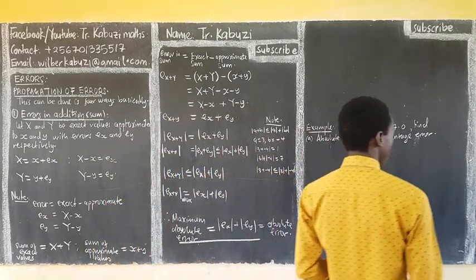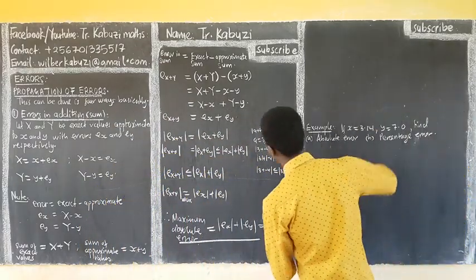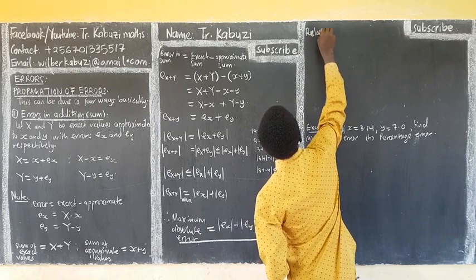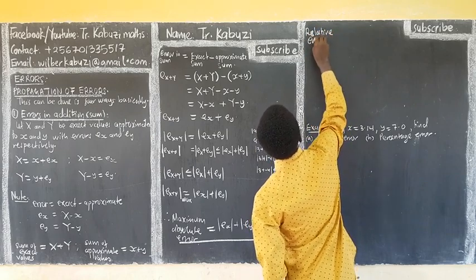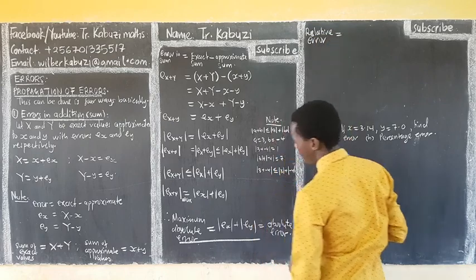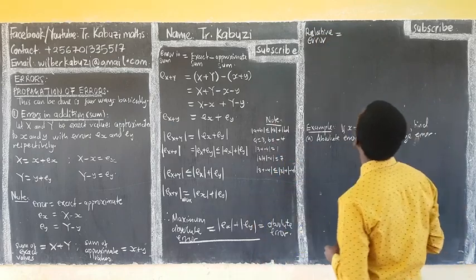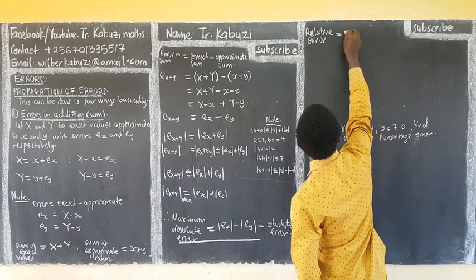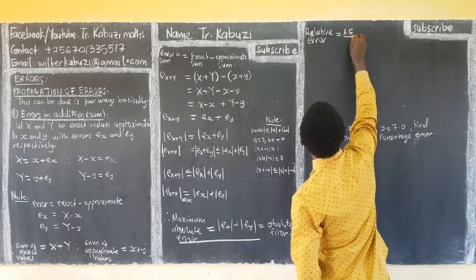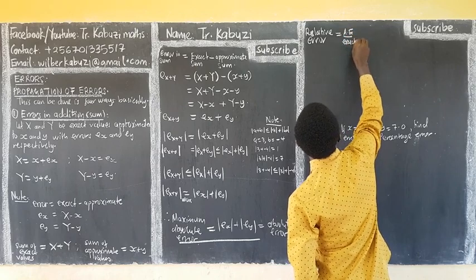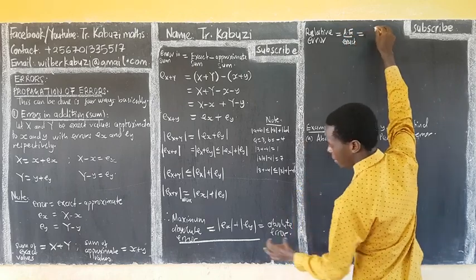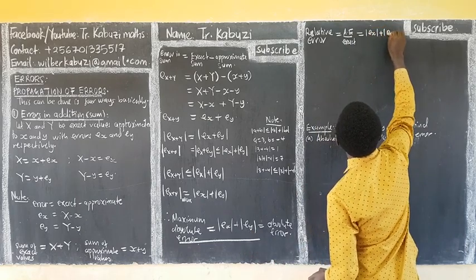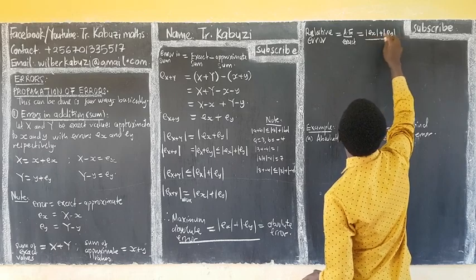Now from here, we can get our relative error. Our relative error is the same as the absolute error over the exact. This will be our absolute error, we have seen it's e of x plus e of y, the whole over our exact.